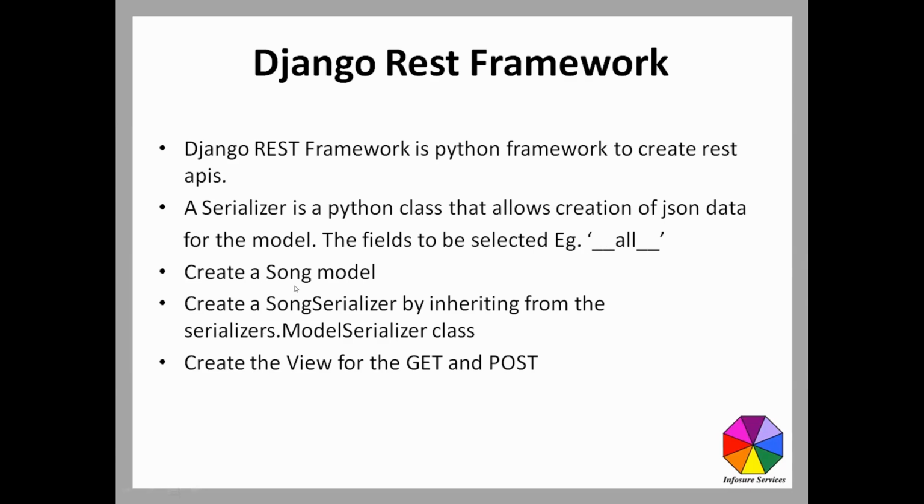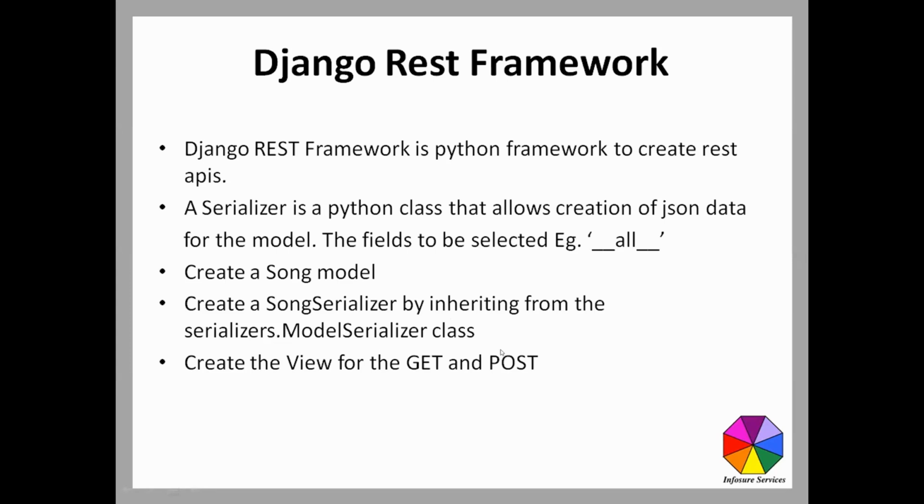This part you understood: the two things needed are the model and the serializer. The serializer is your child class, inheriting from serializers.ModelSerializer. Do you draw a parallel with the Django model form? There, the product model form inherited from Django model form. Here, the same way, it inherits from serializers.ModelSerializer. That's all. And then you go about doing the view and the CRUD.